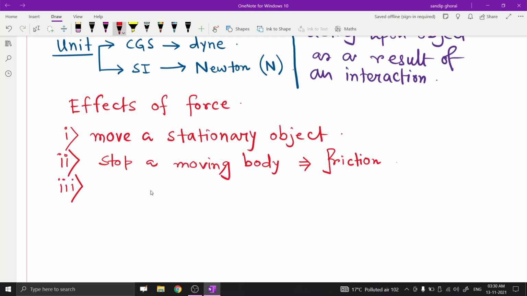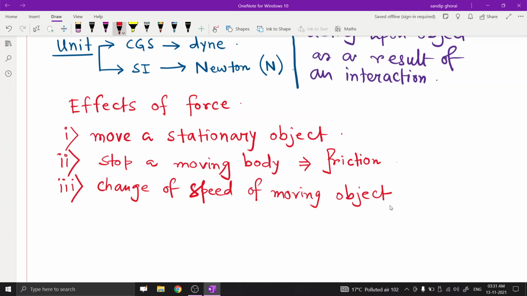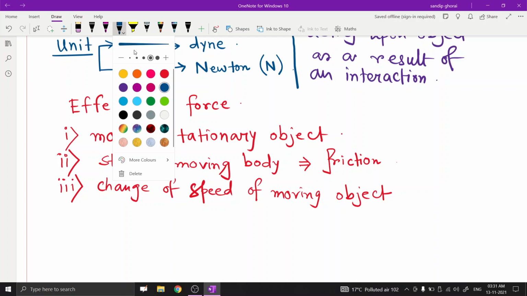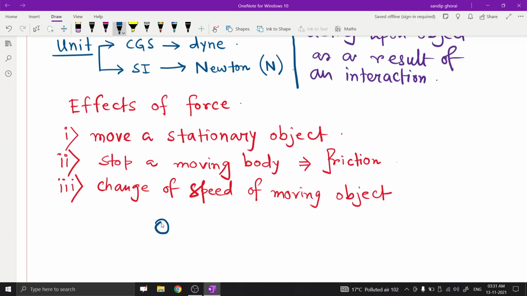The third point is that a force can change the speed of a moving object. Suppose at first a body is moving with a certain speed, say u equal to 10 meter per second.